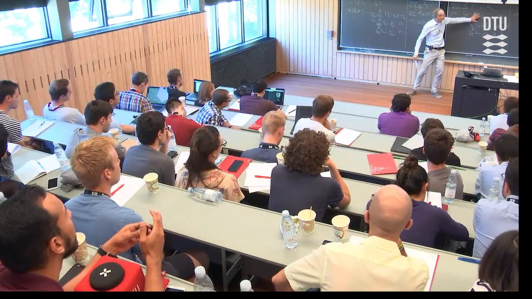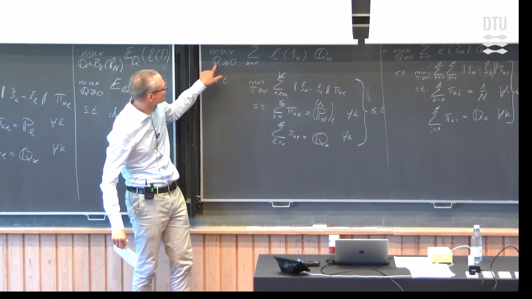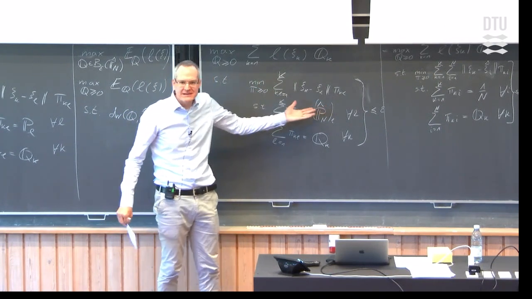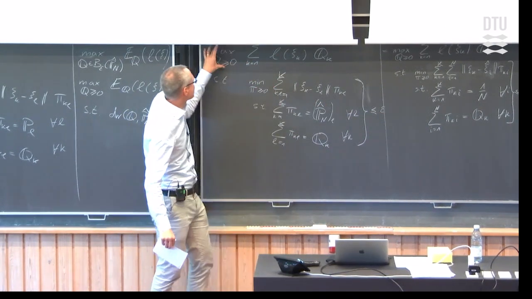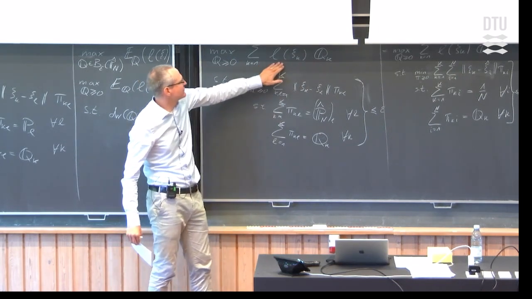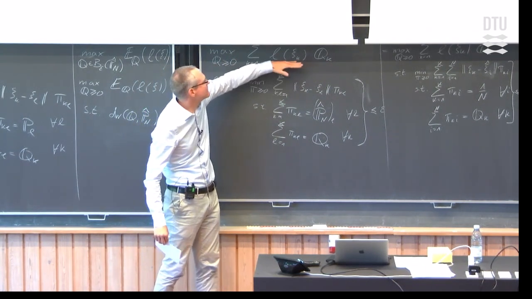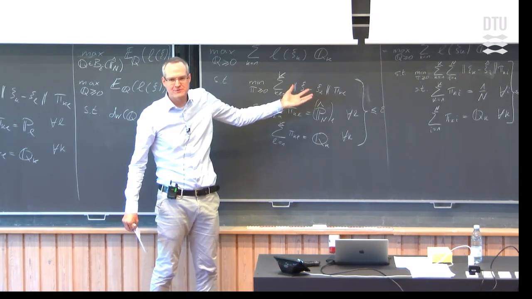Exactly. So here we try to say our distribution Q needs to be close to the empirical distribution. Namely, it needs to have a distance of less or equal to epsilon. And the maximization here tries to find the worst case expected loss. So here we compute the expectation under Q, and we try to make this as high as possible so as to hurt the decision maker as much as possible.